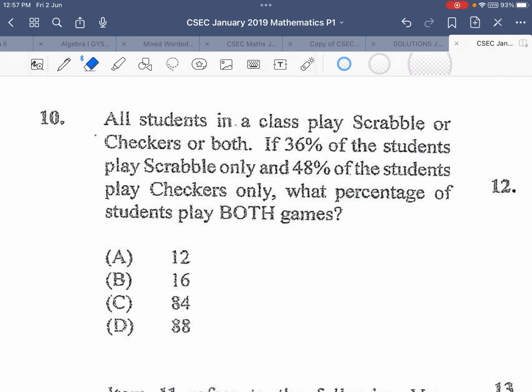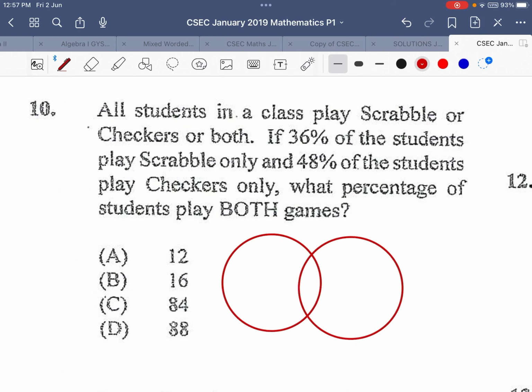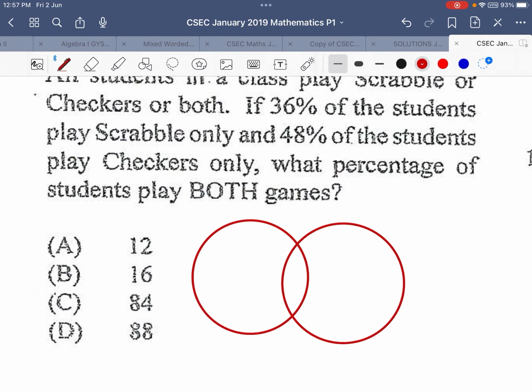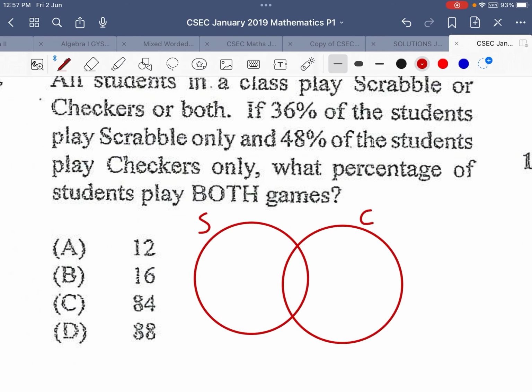Okay, so if we were to visualize that, we have the students that play Scrabble only, so we have Scrabble and checkers. The students that play Scrabble only is 36%. Students that play checkers only is 48%, right?